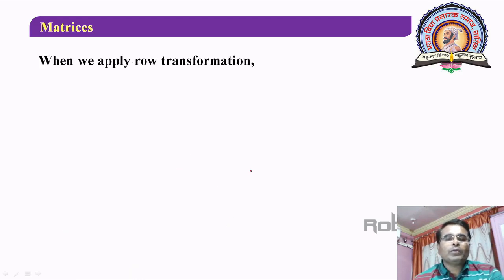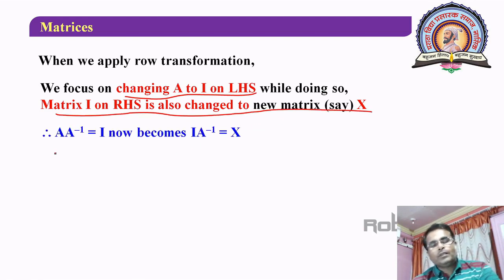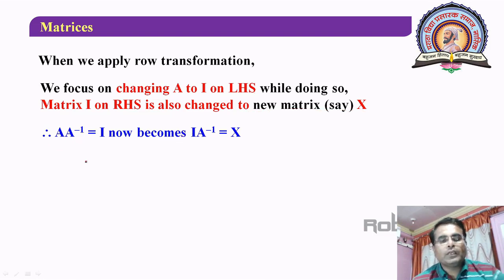Whenever we apply row transformations, the important key factor is changing A to I on the left hand side. While doing so, the matrix I on the right hand side also changes to a new matrix, say X. Initially your equation was A into A inverse equal to I, and now A is reduced to the identity matrix on the left hand side.